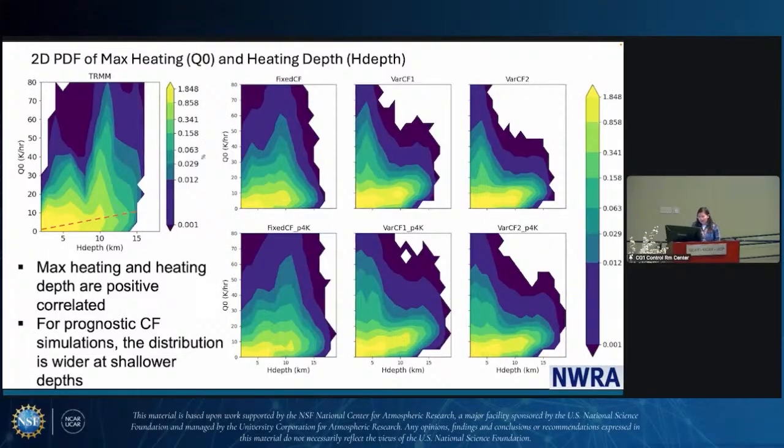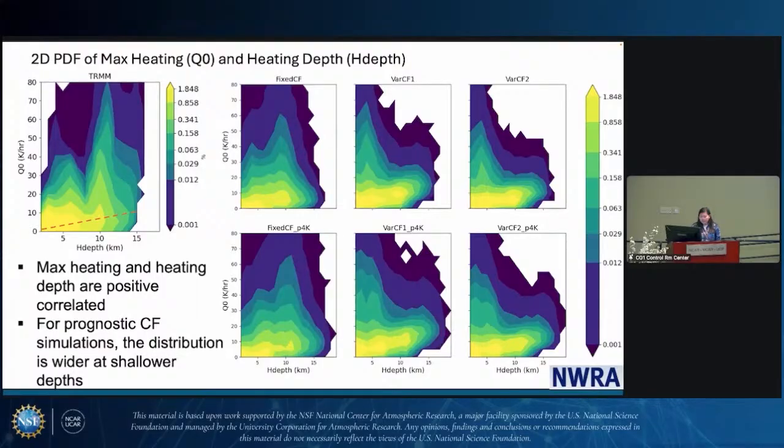And we also have this 2D PDF showing the distribution of heating depth and max Q. The left panel shows the TRMM observation, and the red panels are for the simulations we have in the AM5 model.